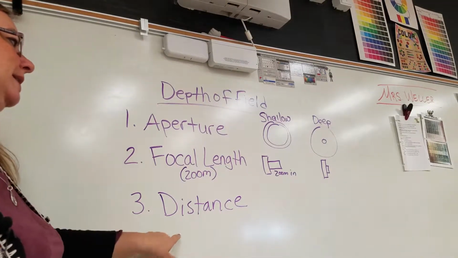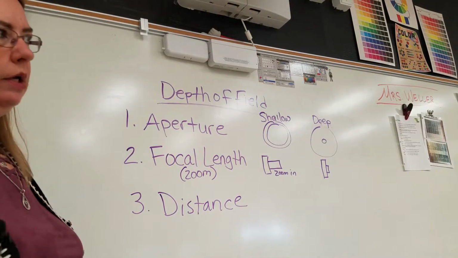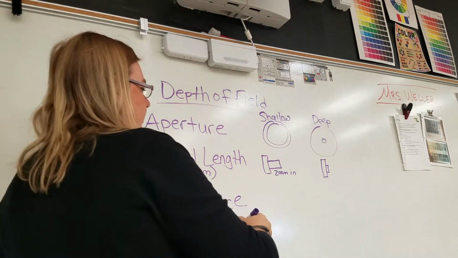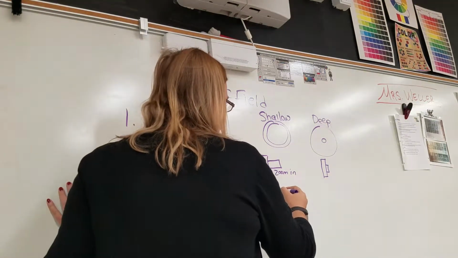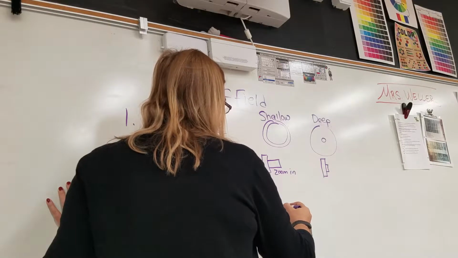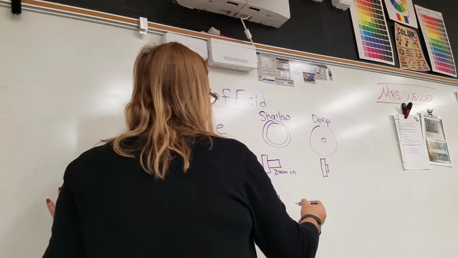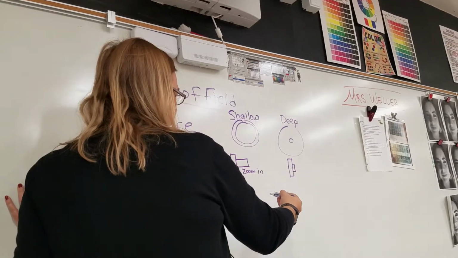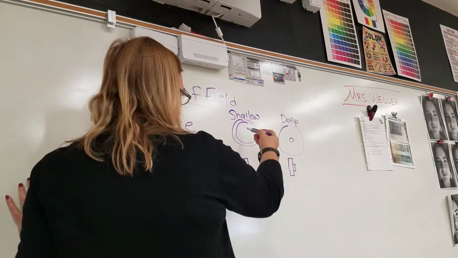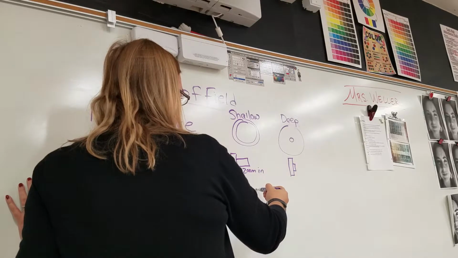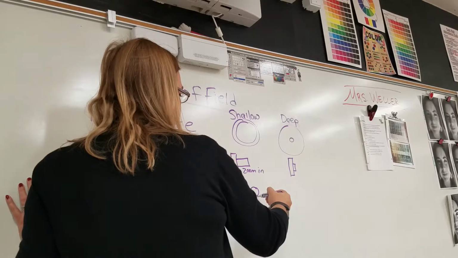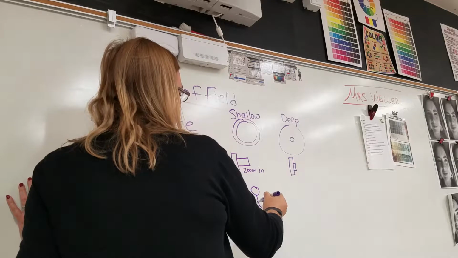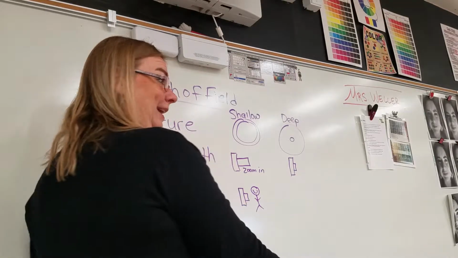So when I say my distance, I mean my distance two different ways, okay? My distance between the camera and the subject. So I want shallow, okay. So camera and my subject, okay?